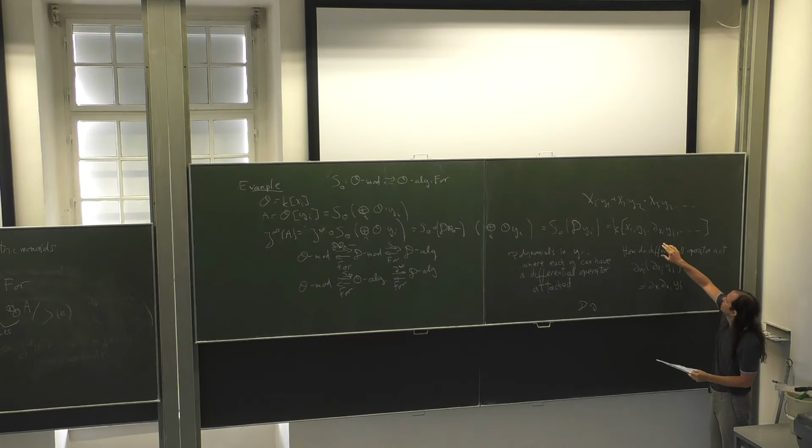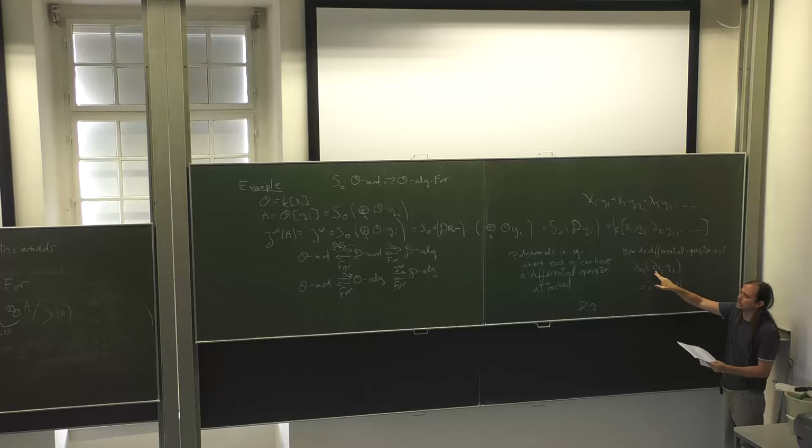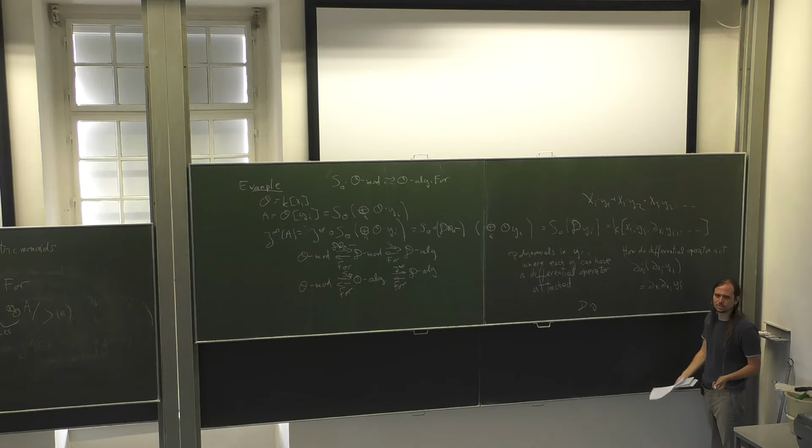But now if you look at these polynomials, what happened? You kill this one, and that is the one with the extra differential operator. But this means that you actually act as a total differential operator.